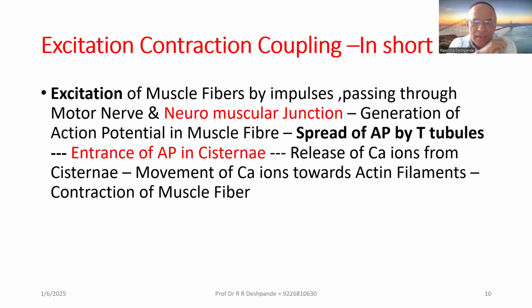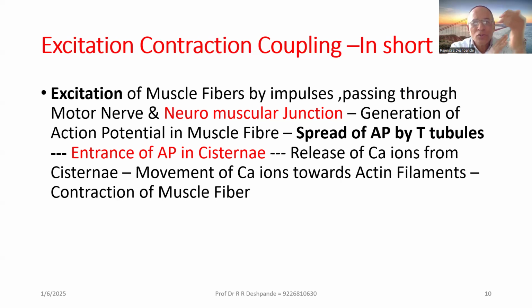This AP is spread by the T tubules, the transverse tubules. Entrance of action potential in the cisternae. Release of calcium ions from the cisternae. Movement of calcium ions towards the actin filaments and contraction of the muscle fiber. So this is excitation contraction coupling.